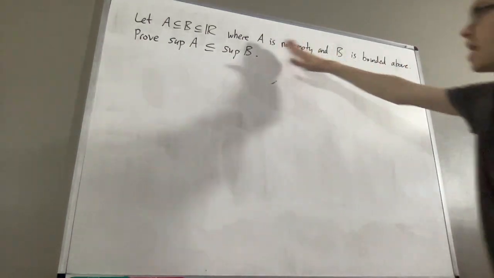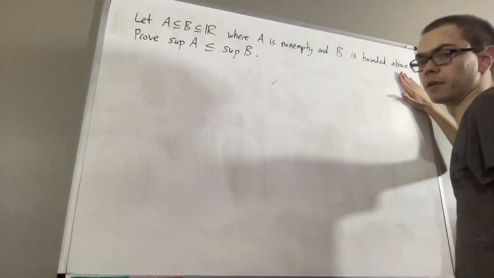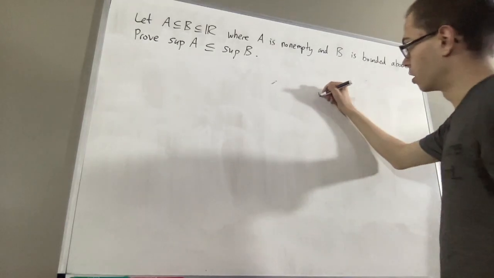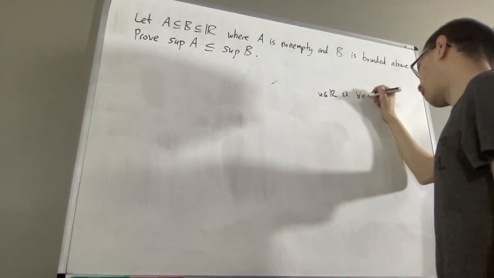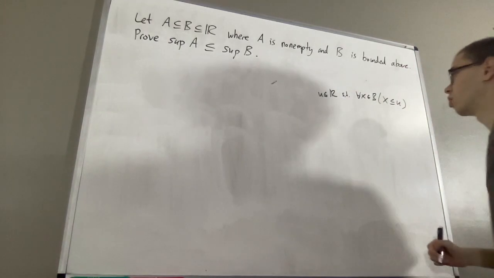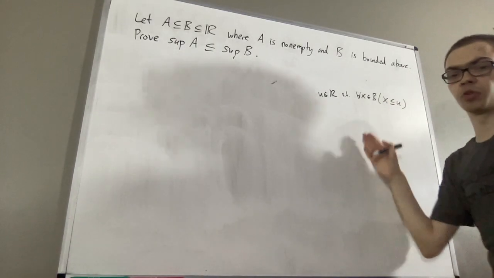So then why is A bounded above? Well, since B is bounded above, B has an upper bound. So there exists a real number u such that for all x in B, x is less than or equal to u. Then we can show for every x in A, x is less than or equal to u.